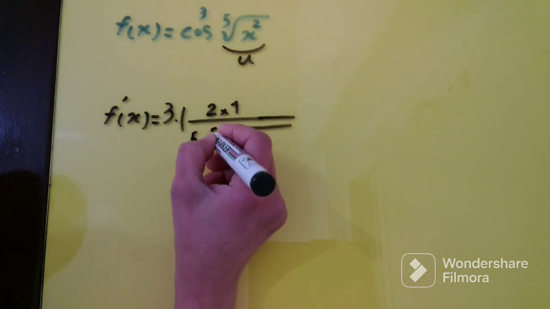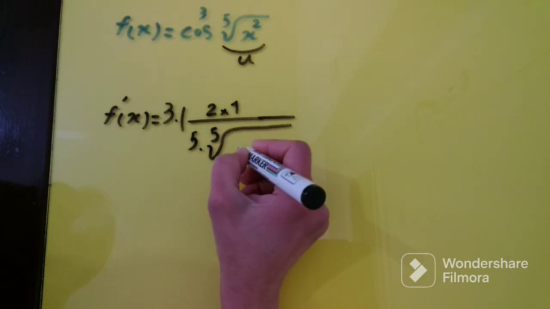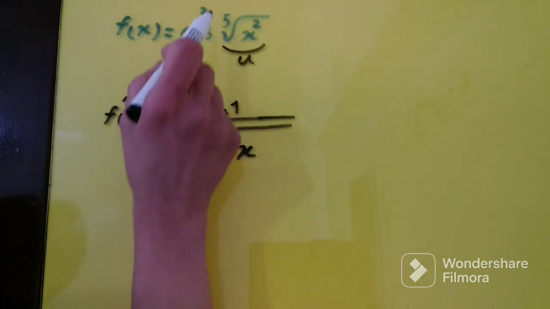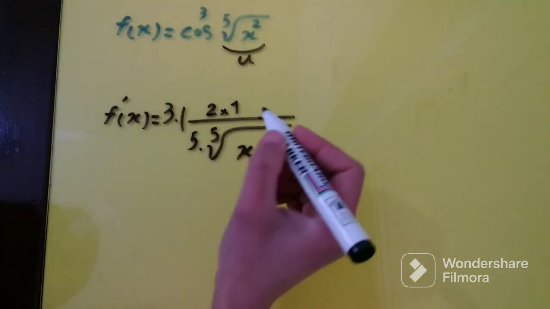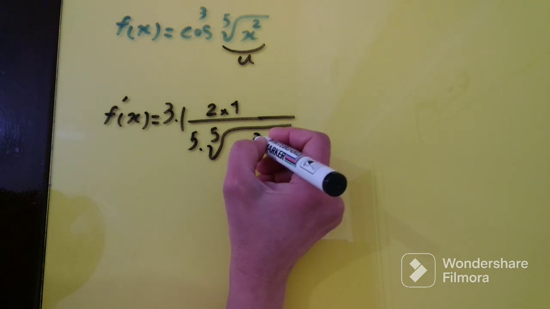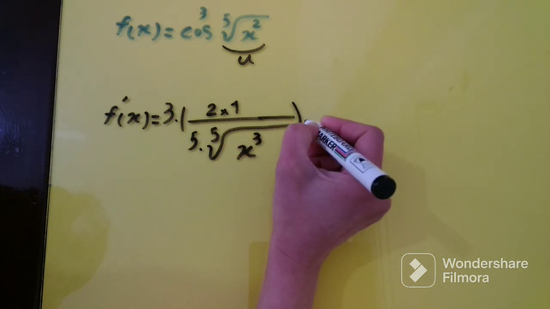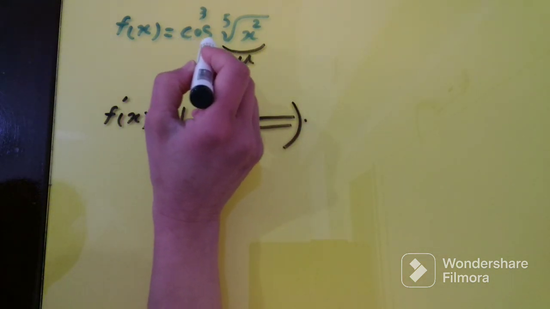5 again. For the power, you should put m minus n. 5 minus 2, it's 3. Times, no, you should get the derivative of cosine.